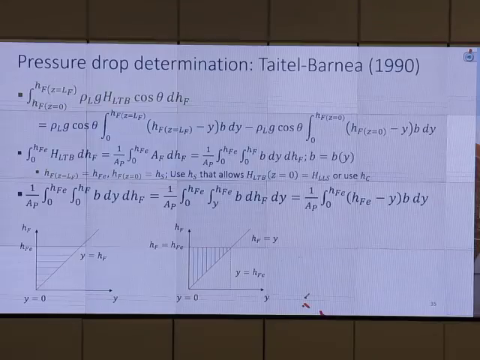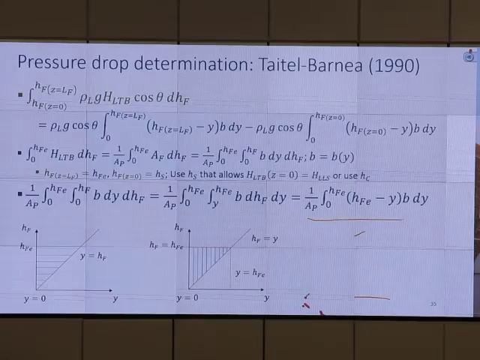Let me explain more. Once we do the math, we get this term. We swap the limit of integration. We integrate the b, which is not a function of film height, so we can integrate it directly, and then we get HFE minus y.